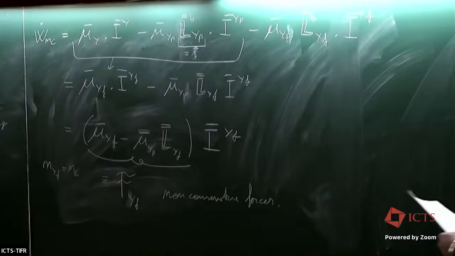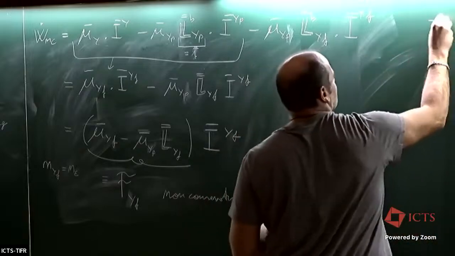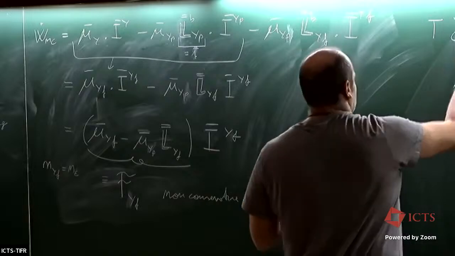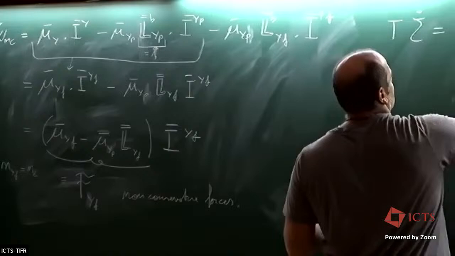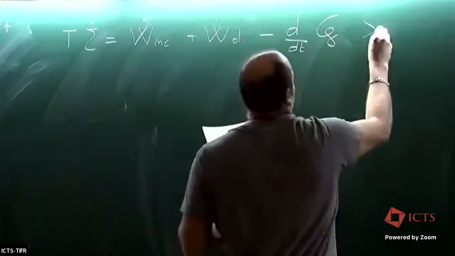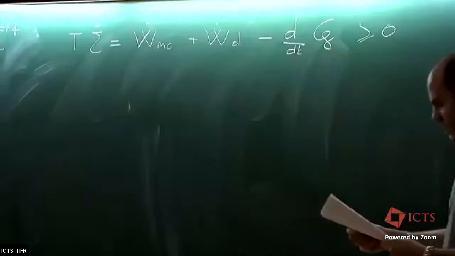Now, what we have is that T sigma dot, the entropy production, is the non-conservative work plus the driving work, always positive or equal to 0.